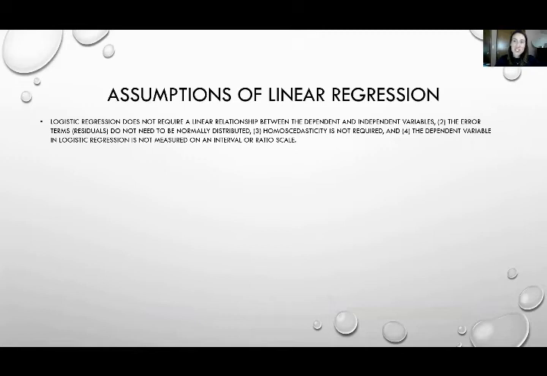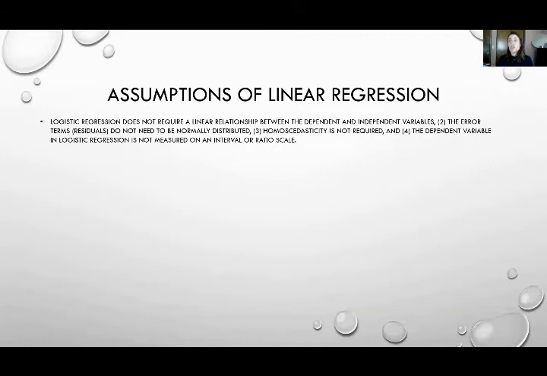And as usual, there are a bunch of assumptions, although for logistic regression, there are pretty different assumptions. So I'm going to go through those now. A logistic regression is different from a linear regression in that it does not require a linear relationship between a dependent and independent variable.